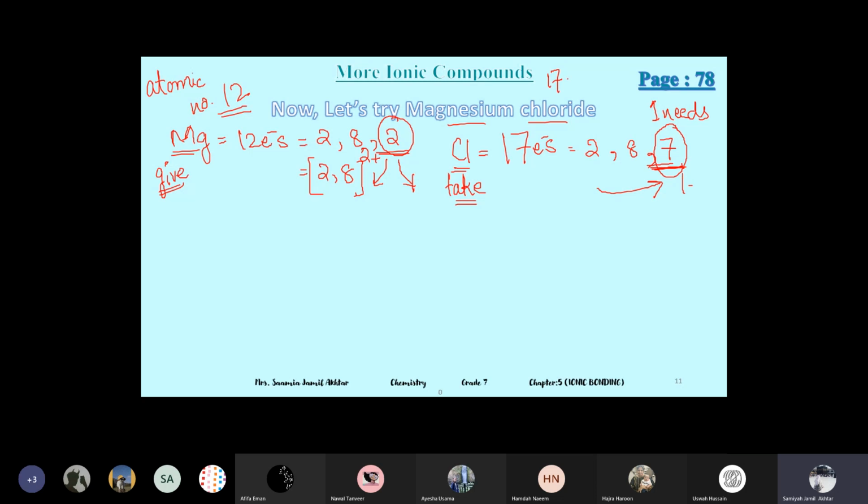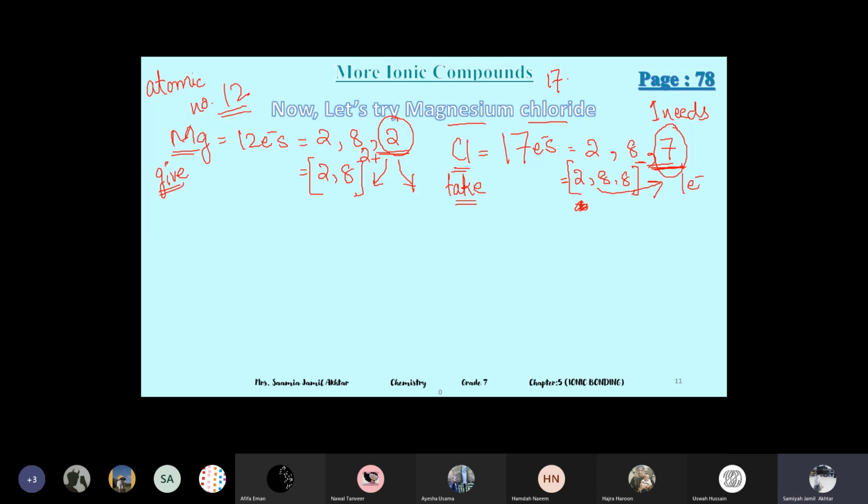After taking 1 electron, chlorine will become 2, 8, 8 in square brackets. What will be the charge on it? Negative, not 3, just negative, because it is taking only 1 electron. So a minus charge will come.